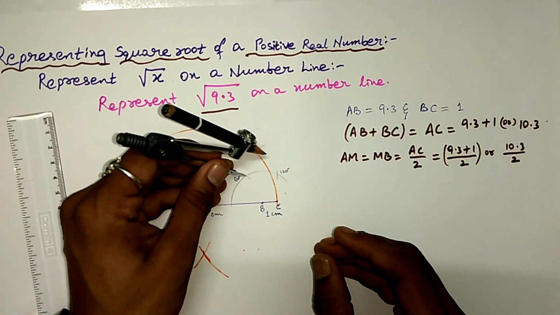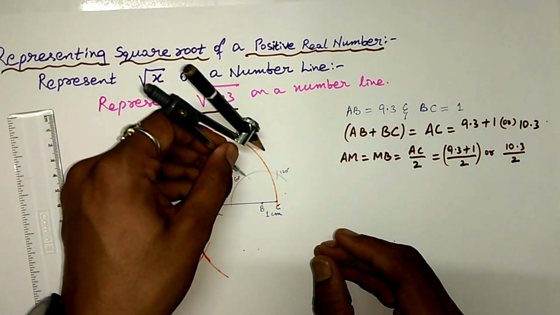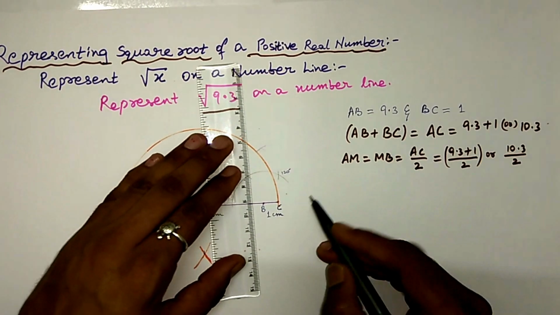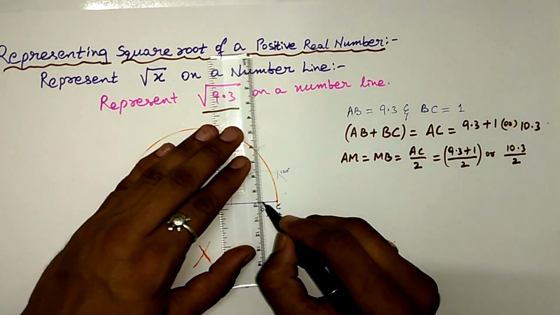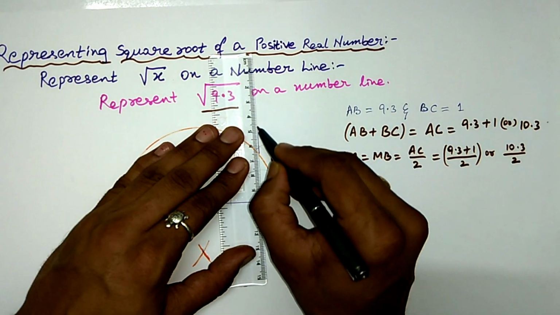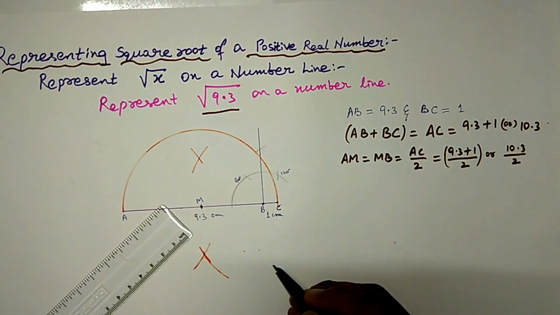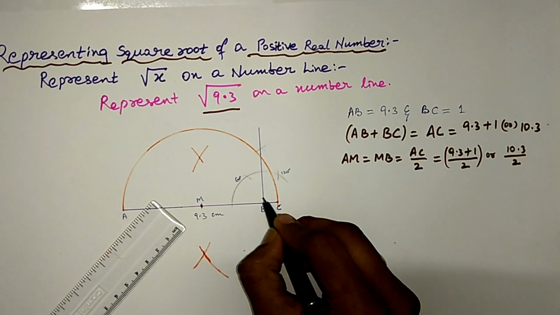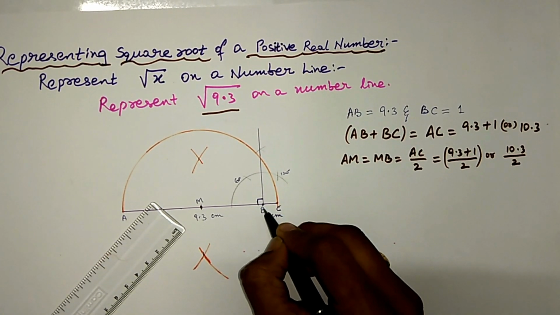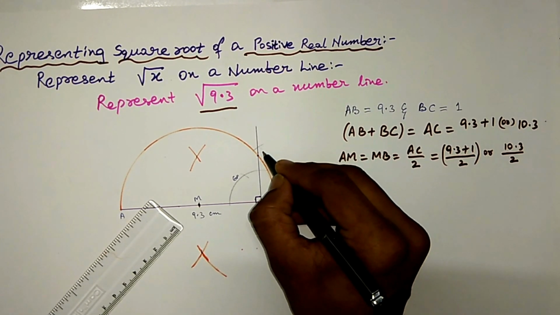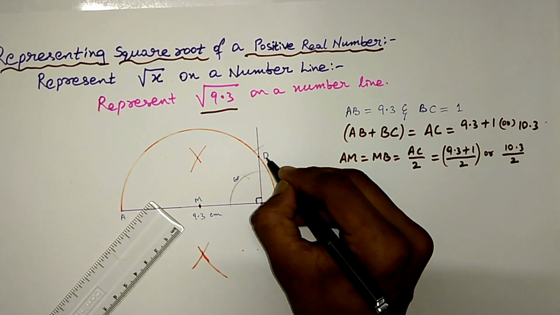So I have constructed a right angle, exactly 90 degrees. The point of intersection of the perpendicular drawn at B with the semicircle is considered as point D.